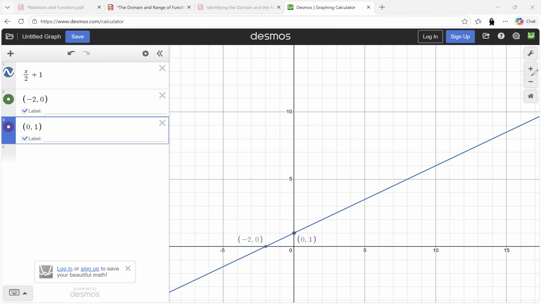When f of x is 6, based on the graph, what is x equal to? So the equation is equal to 6, and we need to find out what x is equal to. In other words, what is your y value? Read off the graph. When y is equal to 6, what is the corresponding x value? Because that's what it means.